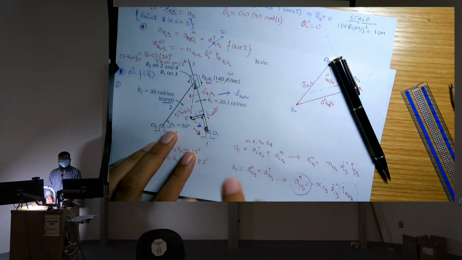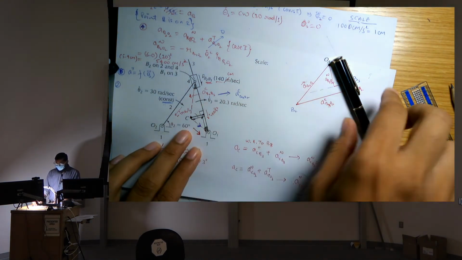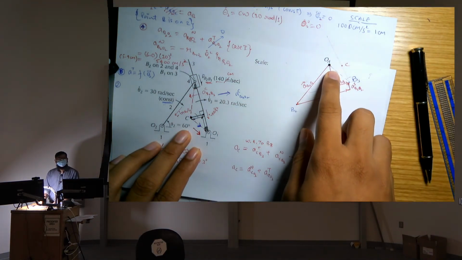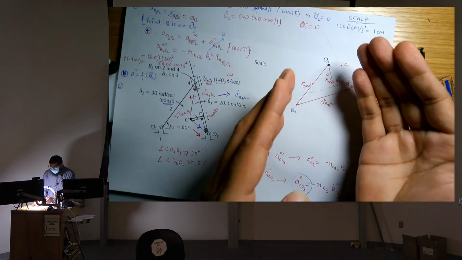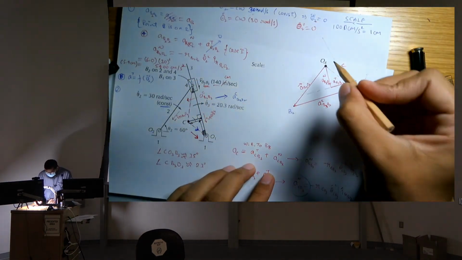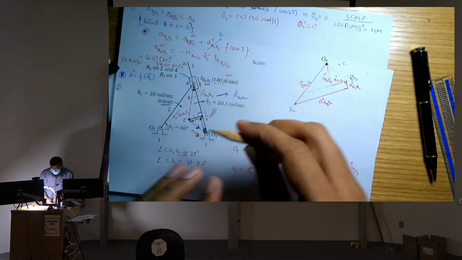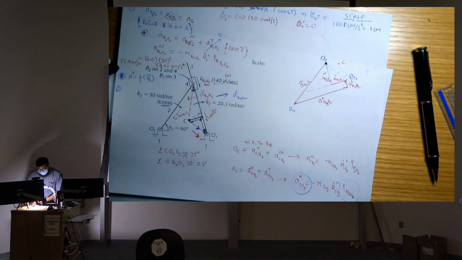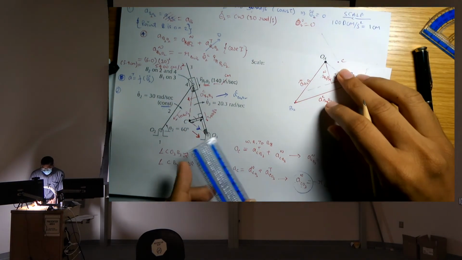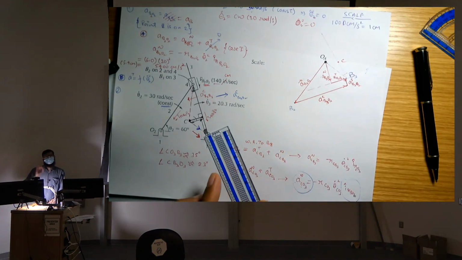Now let's place this direction on the acceleration polygon. If we place C on this side, this won't be parallel to this. Even if you don't know which direction C is, I just mark C right now.